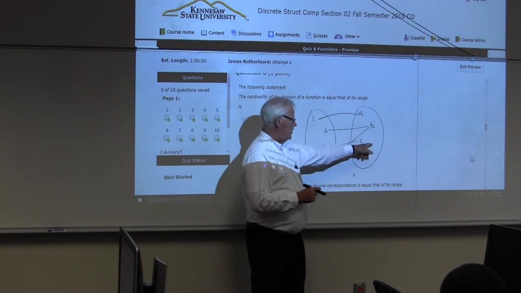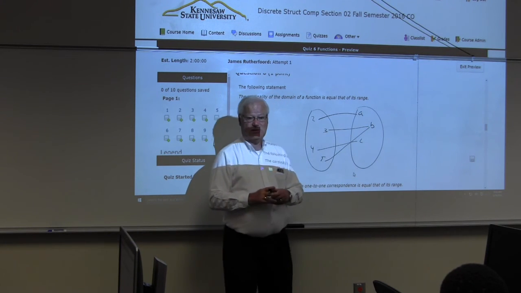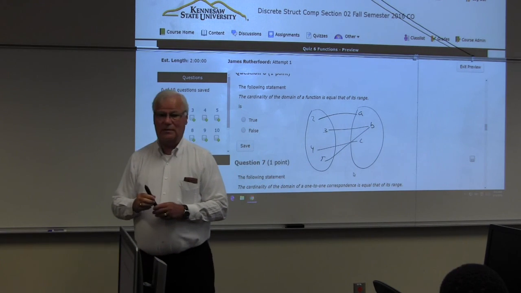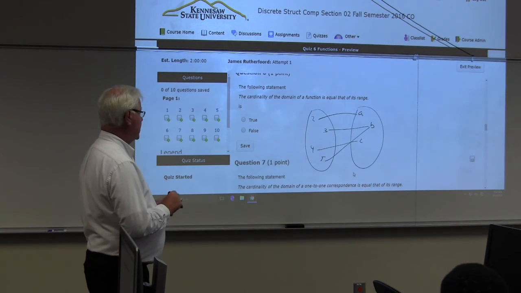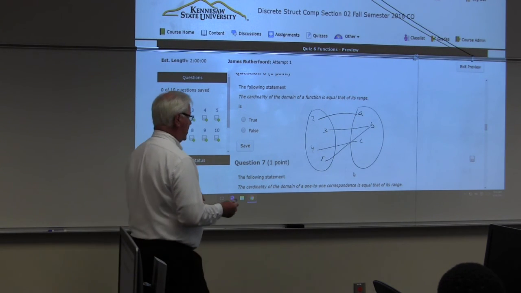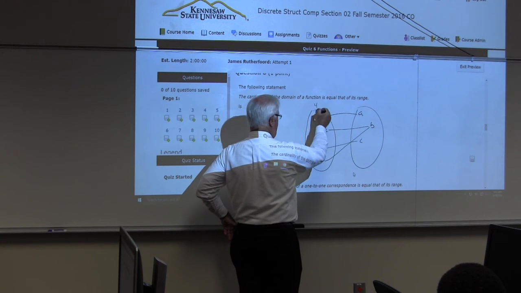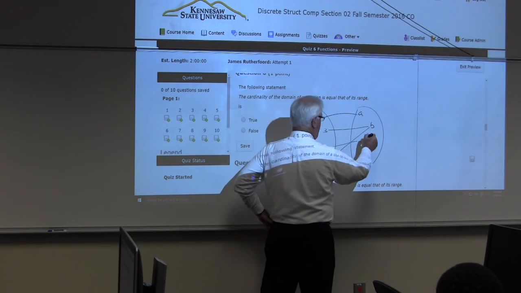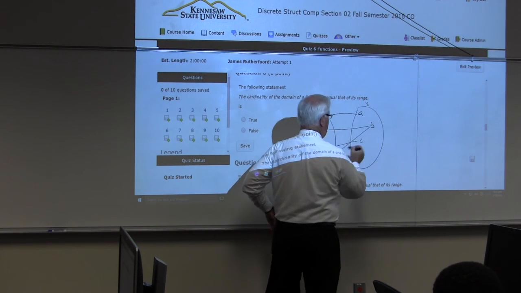And this is, by definition, a range, because there are arrows coming to every one of them. But the cardinality is not the same. This has a cardinality of 4 elements, 1, 2, 3, 4, and this has a cardinality of 3, 1, 2, 3.